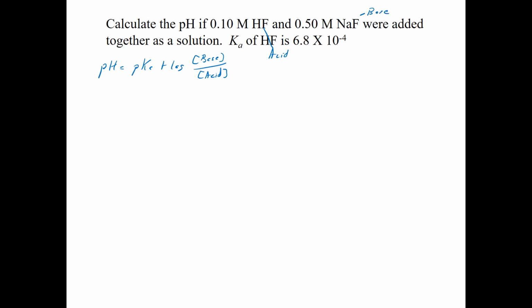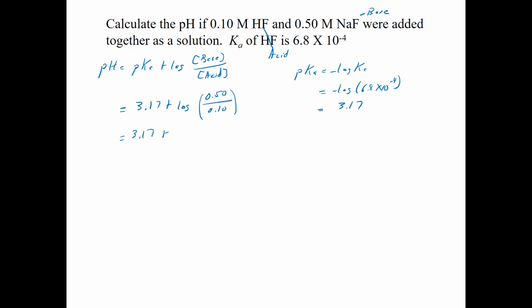I need to find the pKa, so pKa is negative log of Ka, negative log of 6.8 times 10 to the minus 4, and that gives me 3.17. So I have 3.17 plus the log of the base, 0.50, over the acid, 0.10. I take the log term first, so I have 3.17 plus 0.699, and when I add those together I get 3.87. And that's all you have to do.